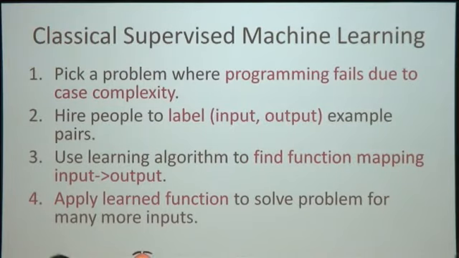So once you have this problem, in classical supervised machine learning, you hire people to label input and output example pairs. We're going to be trying to learn a function which predicts, given the email, is this spam or not, right? The classical solution would be that you hire people to label things as spam or not.